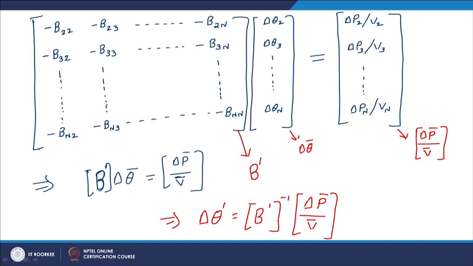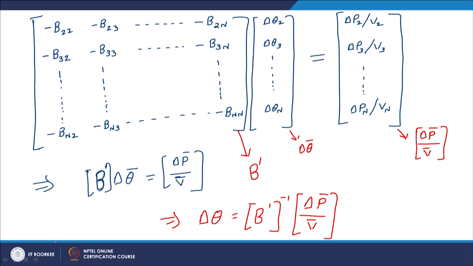Then at each iteration we have to only update the vector delta P by V, and we will simply get this correction vector delta theta just by multiplying the matrix which we have already pre-calculated and stored with the updated vector delta P by delta V.